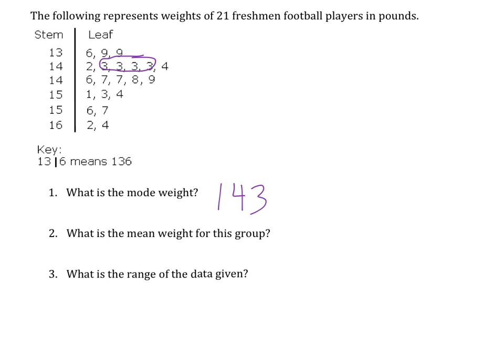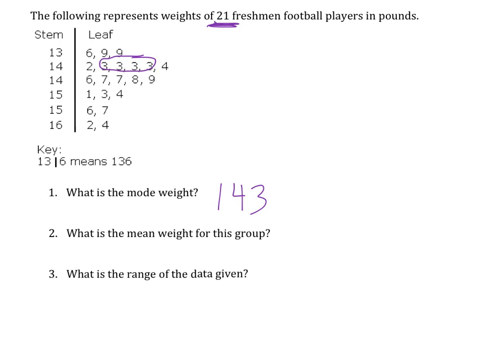What is the mean weight for this group? Mean stands for the average, so you want to take the sum, or you want to add up all of those numbers in there. So 136 plus 139 plus 139 plus all the rest of them, and then divide that big number by 21, since there are 21 freshman football players here.